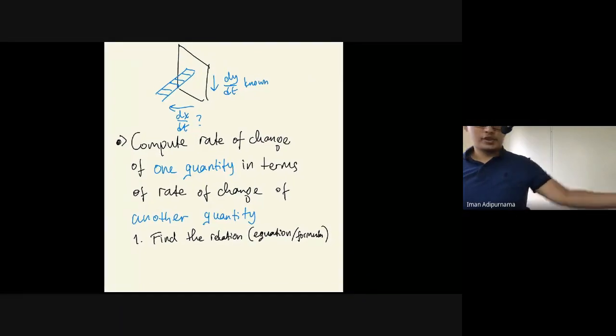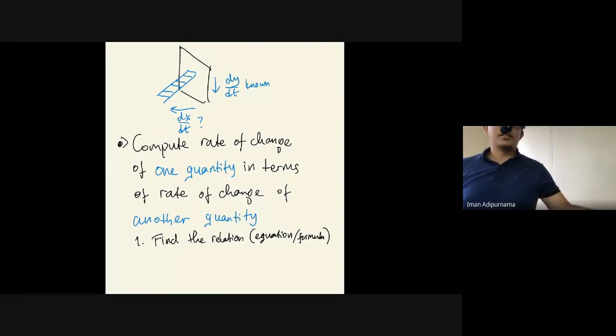It can be like I'm showing you: we can use the triangle and the Pythagorean theorem. We can use area, volume, any of them. I think it will not be too complicated. Usually it's just a simple equation for the relations, and then including the chain rule.